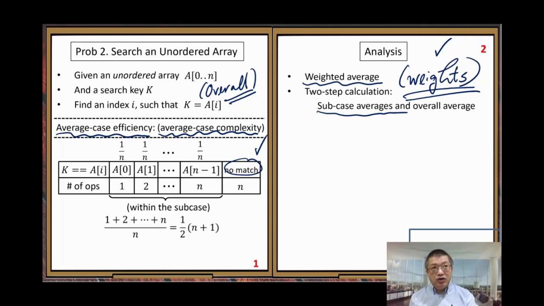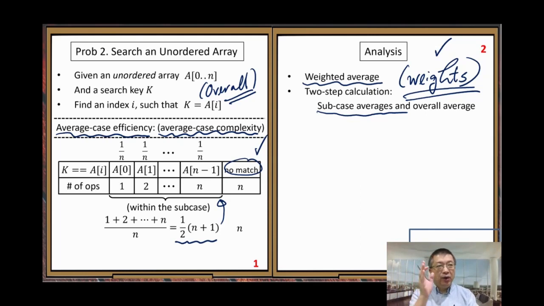So we get the usual average: all the numbers added together divided by the number of cases. After simplification, we get 1/2 times n plus 1. That number corresponds to the first subcase. For the second subcase, no match, there is only one case, so you do not even need to do an average. We just take that number, n.